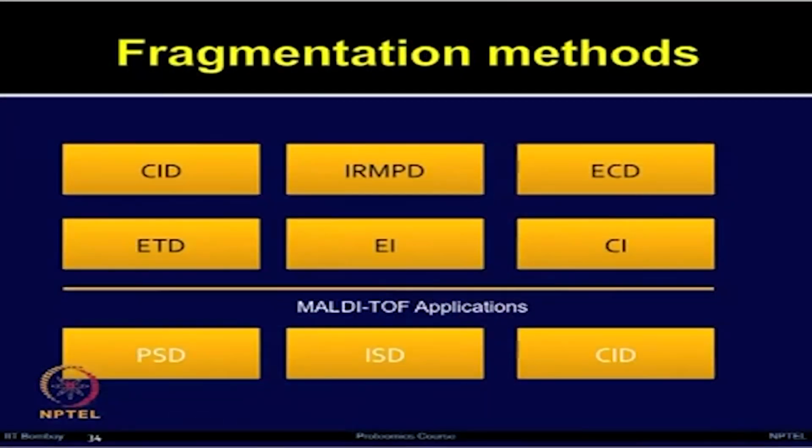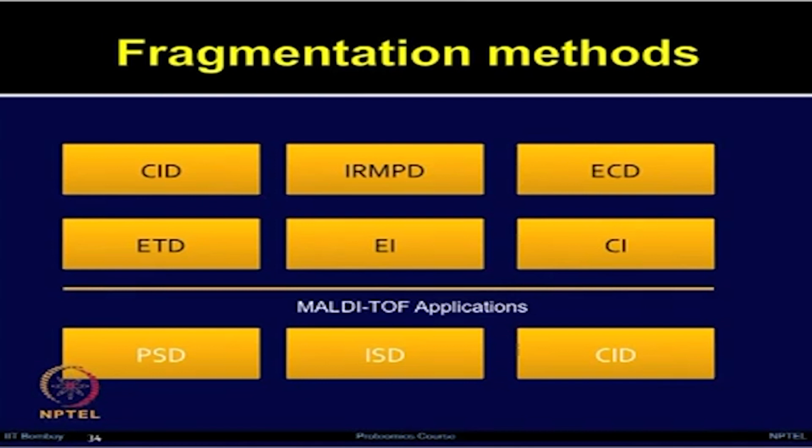The various types of fragmentation methods currently available are listed on this slide: CID, collision induced dissociation, IRMPD, infrared multi-photon dissociation, ECD, electron capture dissociation, ETD, electron transfer dissociation, EI, electron impact, which is used for the small molecules, and CI, chemical ionization, again used for the small molecules.